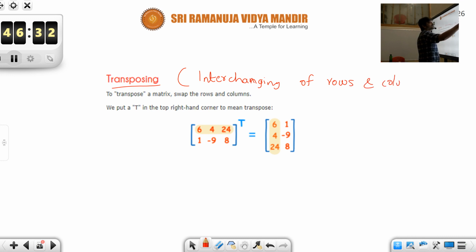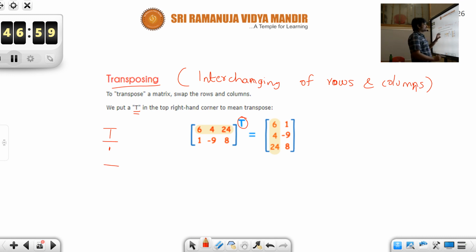If they ask you to transpose a matrix, they want you to interchange the rows with columns and columns with rows of that matrix. We denote the transpose operation by either T or by a single quote symbol, so in both ways we define the transpose symbol.